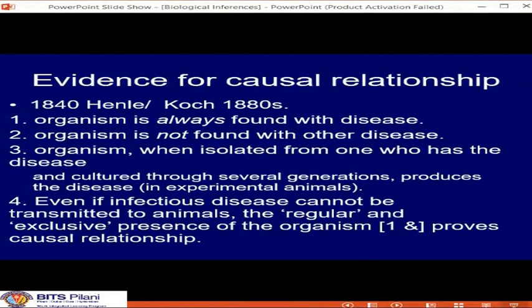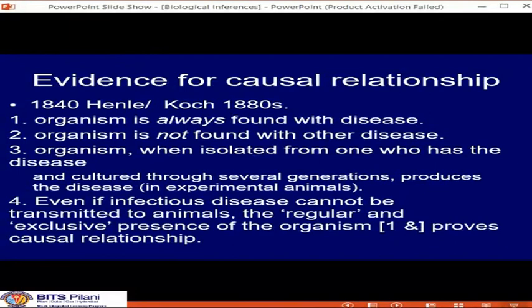The organism is not found with other disease. In other words, Mycobacterium tuberculosis shouldn't be associated with cancer or heart disease. The third criteria: you take the organism from one patient or an animal with disease, and you put it into some other animal or subsequent generation of animal, and it should cause disease in that animal.